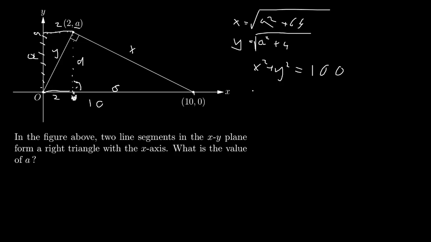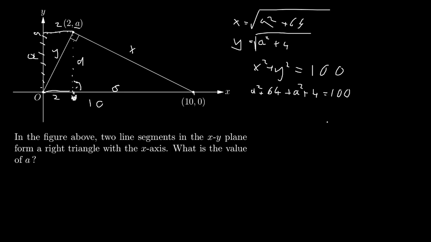If we square it, it cancels out with the square root because they are positive numbers. So a squared plus 64, which is x squared, plus y squared, which is a squared plus 4, would be equal to 100.